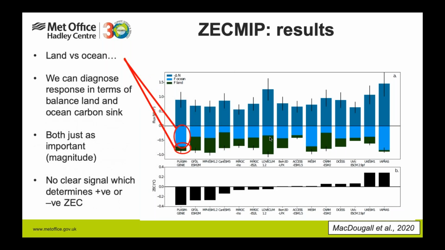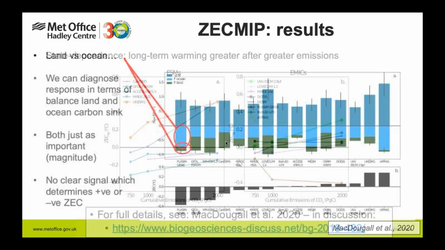And similarly, there's no systematic pattern in whether it's dominated by land or ocean sink. So we've got some understanding of the terms in the process now, but not yet a full recognition of what makes some models have a positive or a negative zero emission commitment. But we can at least be a bit more confident when we make assumptions that it's pretty close to zero.